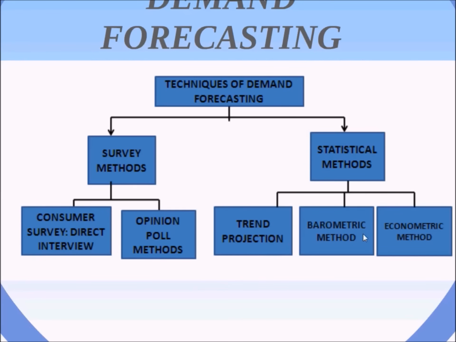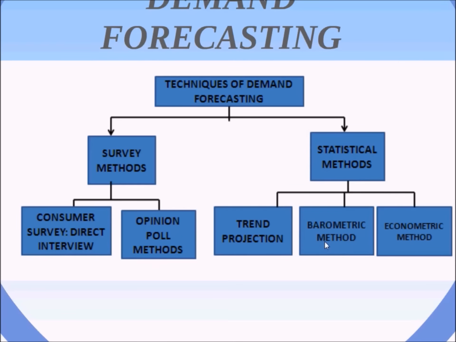The next statistical method is the barometric method. As we can see here, the word barometric is derived from the word barometer, and a barometer is basically used to forecast the weather conditions on the basis of movement of mercury in the barometer.